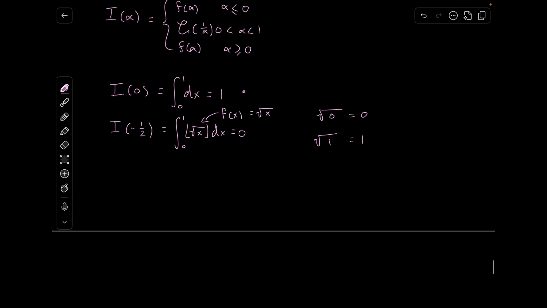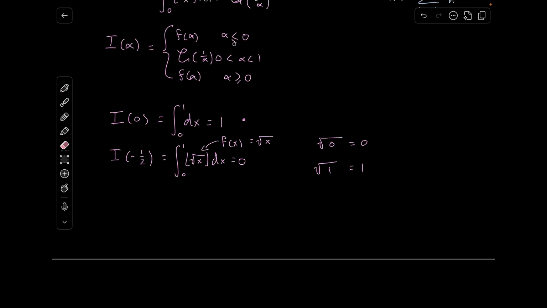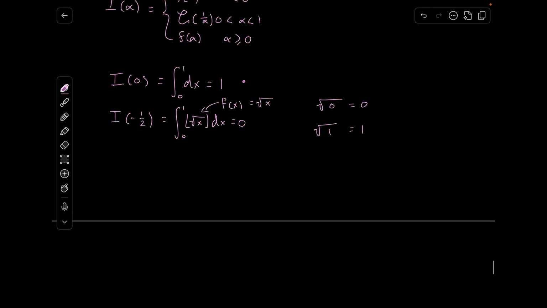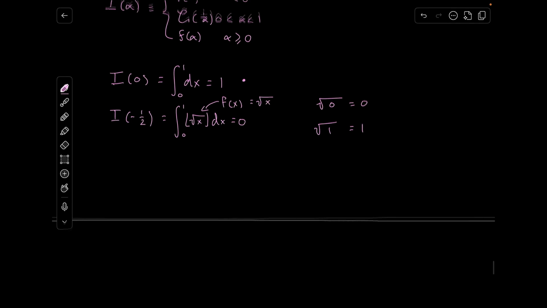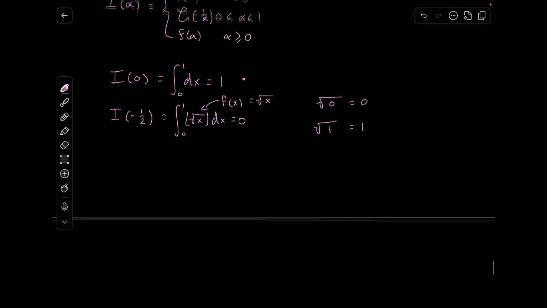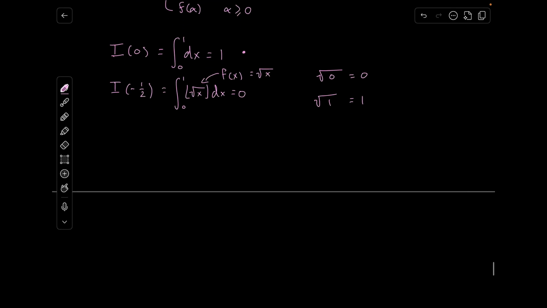Any number less than 0, we need to get rid of this. Any number less than 0 will be zero, basically.